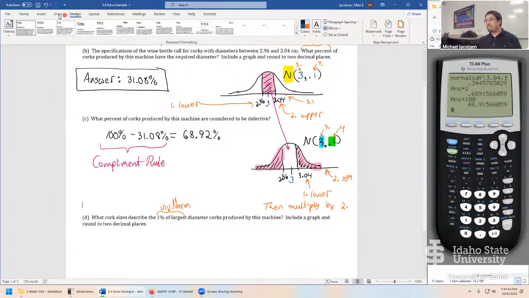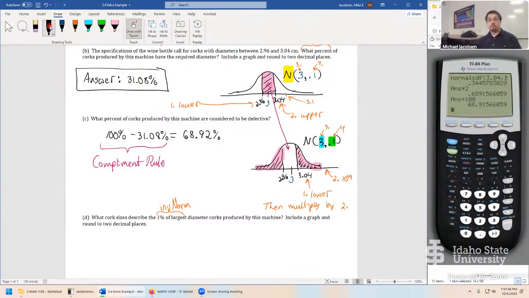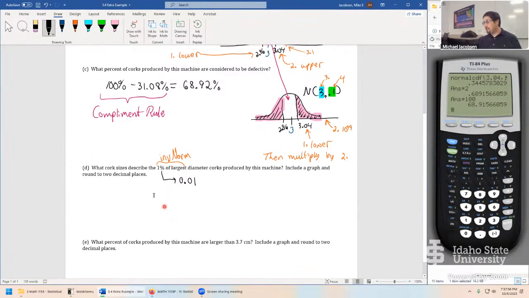Before we even throw anything into the inverse norm function, recall we also need to convert it to a percentage. 1% would convert into a 0.01. So that's one number we would be operating on. And I like that it just says largest, so it directly takes us to the right tail of this distribution.